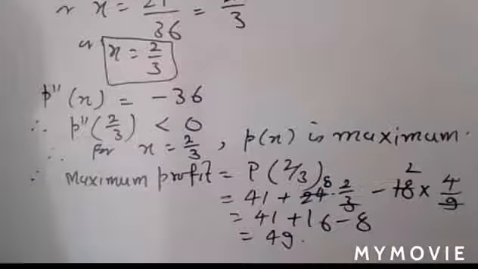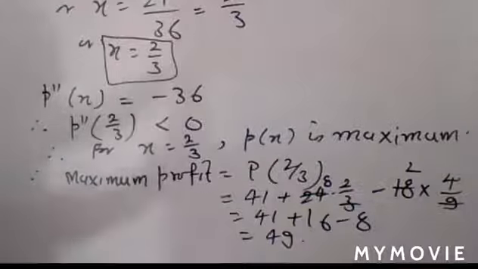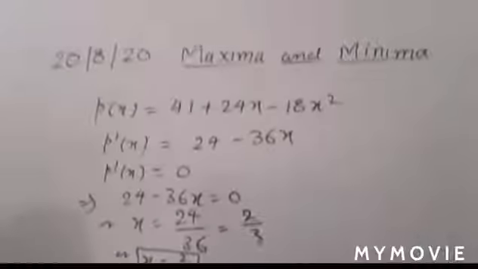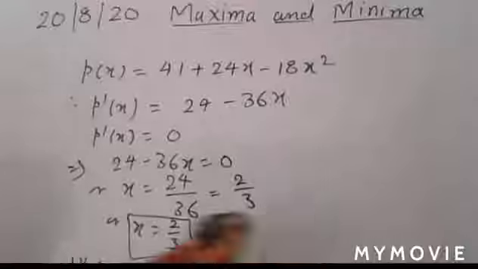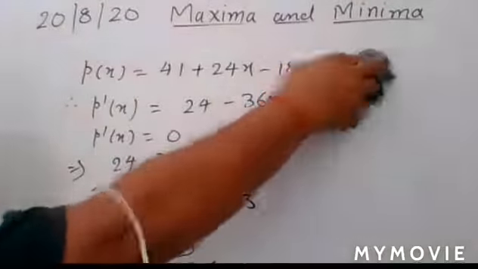But if you want to find the value of local maxima and local minima by the derivative method, just note the working rule for finding the values of absolute maxima and absolute minima.